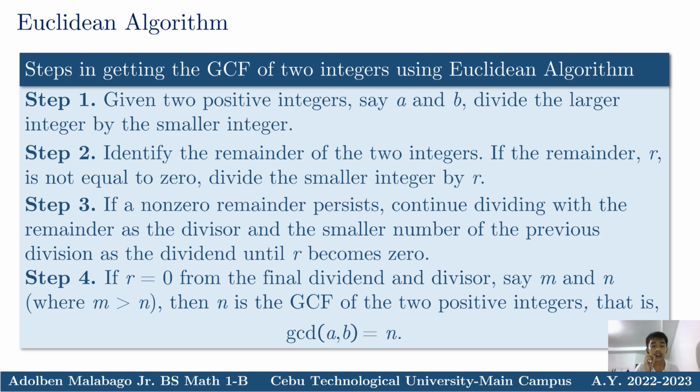That's the principle of the Euclidean algorithm: the GCD of a and b, which represent the two positive integers, is equal to n. Again, n is the final divisor of the set of divisions that we had from the first computation with the first two positive integers.